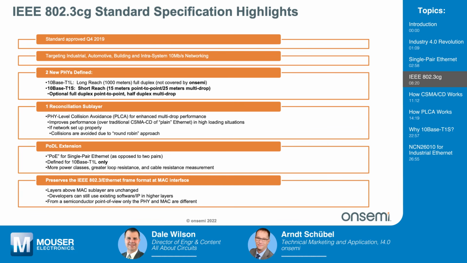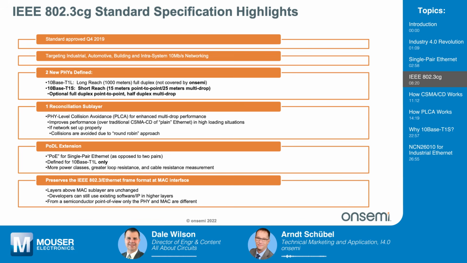There were 2 physical layer standards defined. One is the 10BASE-T1L long reach, covering around 1,000 meters. It's a full duplex point-to-point.